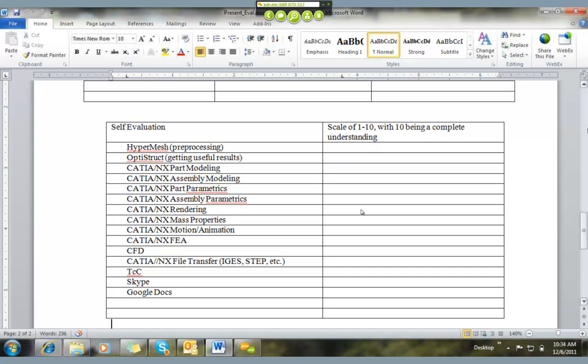What has been done very successfully in the past is that on each of those items that are listed on the evaluation, you pick the best example. We're going to show the best example of motion. And you show that and you talk about what was learned and what engineering benefit was received from that.